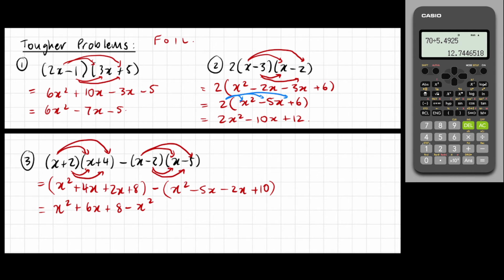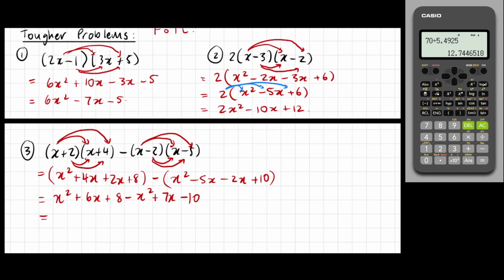Now, when I put this negative 5x and negative 2x together, it's going to become negative 7x, but the negative that's out the front is going to turn it into a positive 7x. And then the plus 10 on the end, that negative out the front is going to turn it into a negative 10.